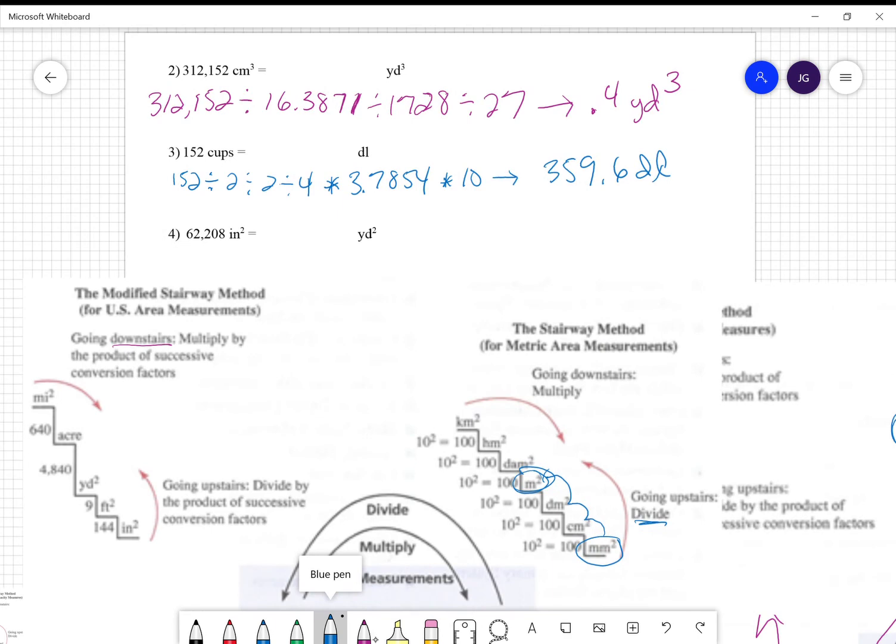Okay, so inches squared to yards squared. So I'm not going from US to metric, I'm just doing US to US. So all I have to do is my stairs. I'm at inches squared, I want to go to yards squared, which is up 2 steps.